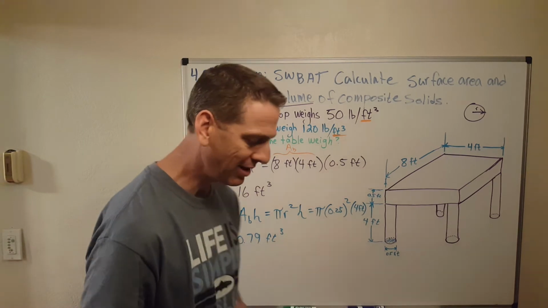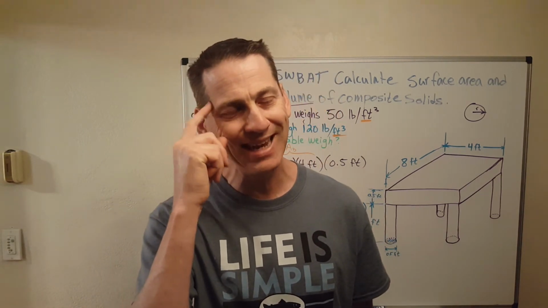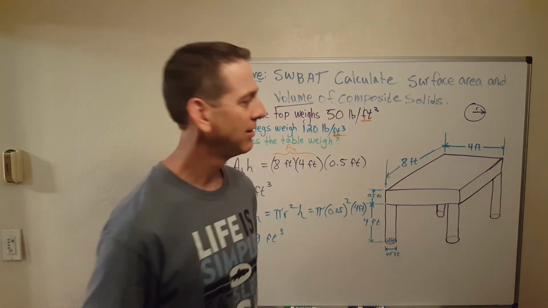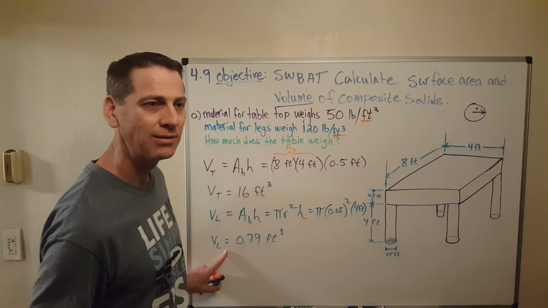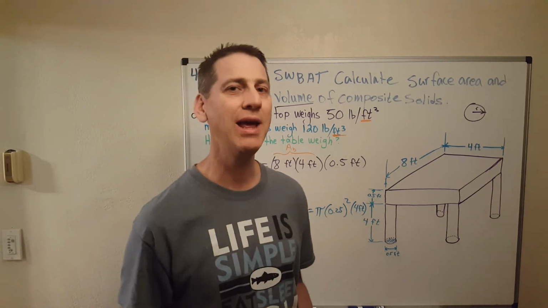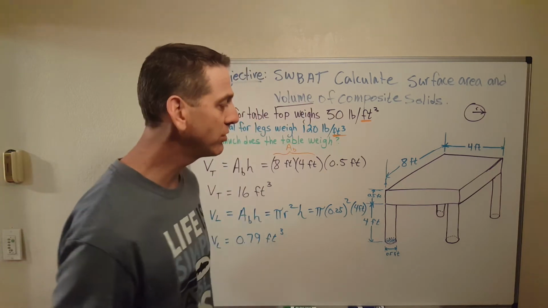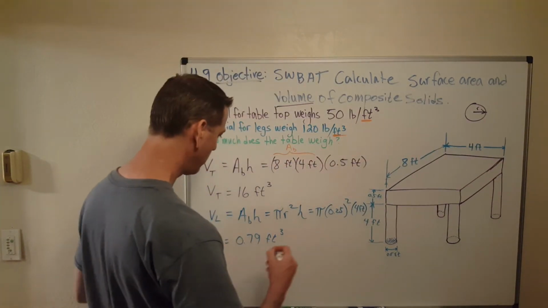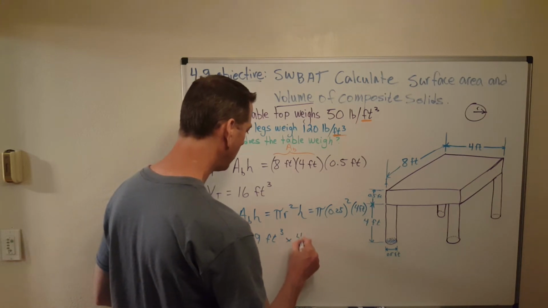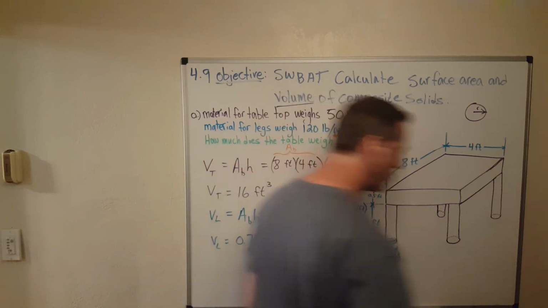Now here's where you've got to be careful. When you're doing these problems, you've got to think: that's the volume for how many legs? That's just one leg. But I have 4 legs, so I'm going to have to multiply that by 4. Times 4 legs, and what does that equal?